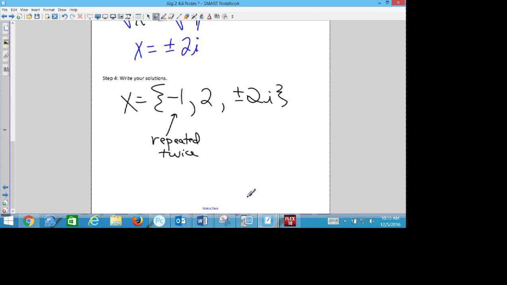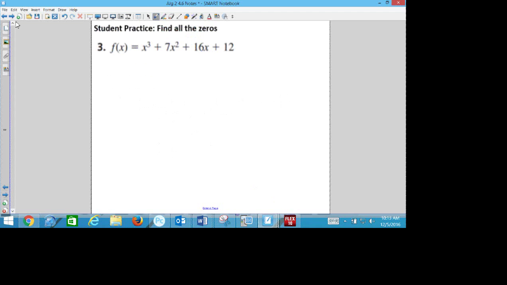Flip the page over. What's the first step? Graph it. Graph it on the calculator. That's the first step. And how many solutions should we get? 3.